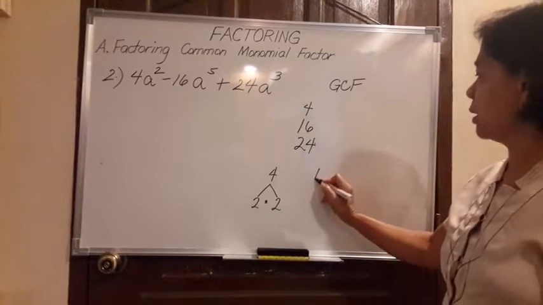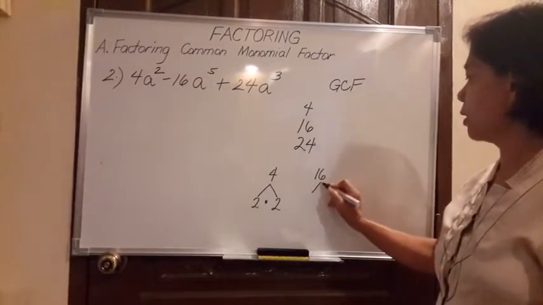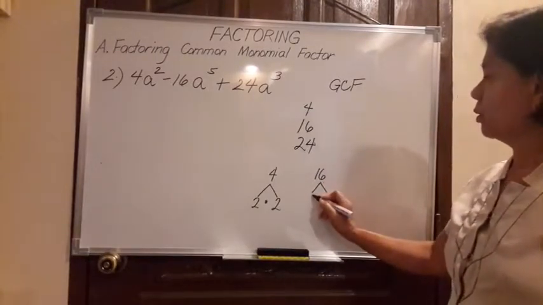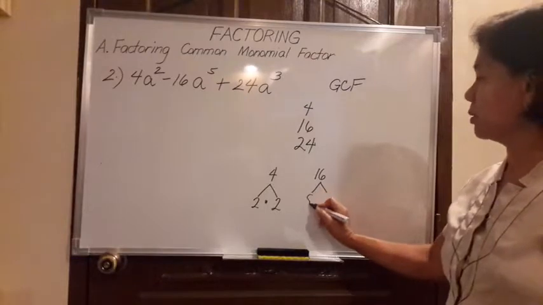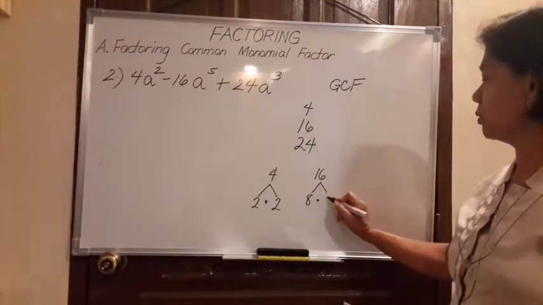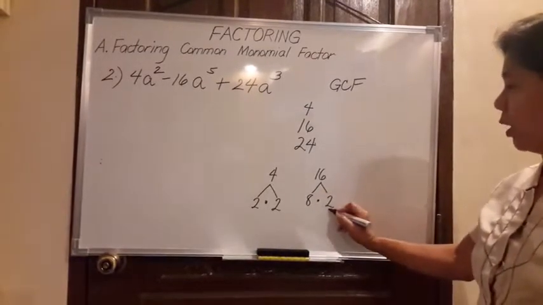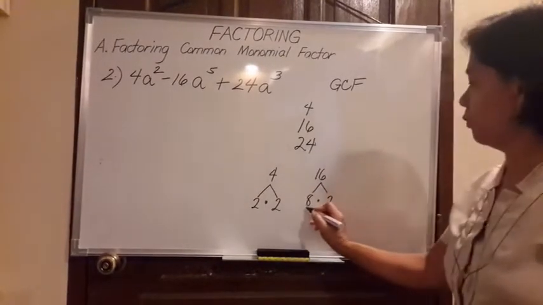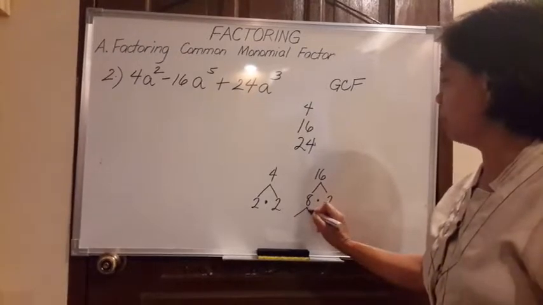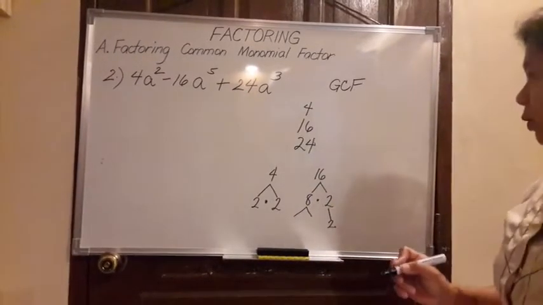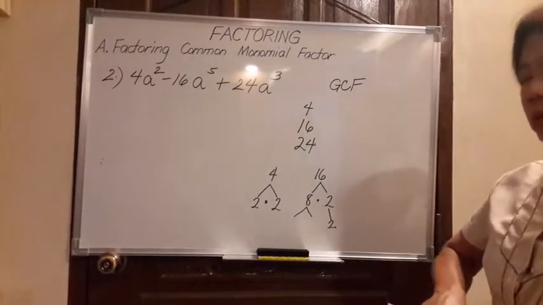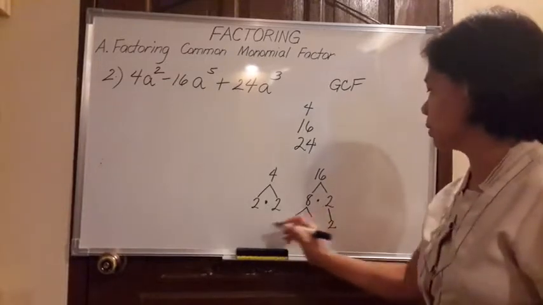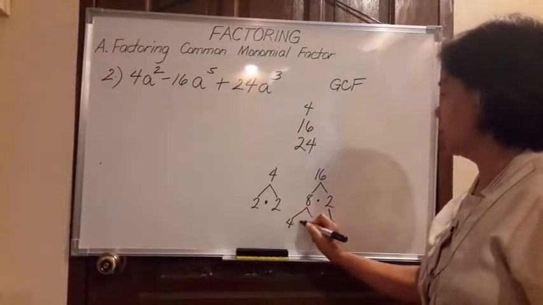How about the prime factorization of 16? First, you can use 8 and 2. Since 2 is already prime, you bring down 2. And then for 8, 8 is still composite. So you can still reduce 8 by what factors? By 4 times 2.